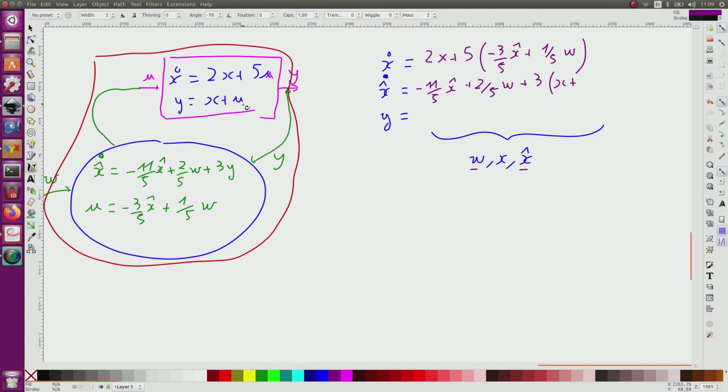U is not allowed and is given by this. So minus 3 divided by 5 x hat plus 1 divided by 5 w. And y will be equal to x plus u, u is not allowed, and I will have this.